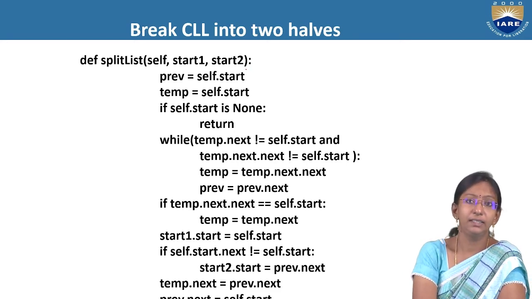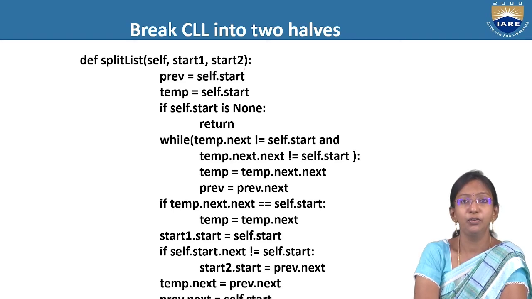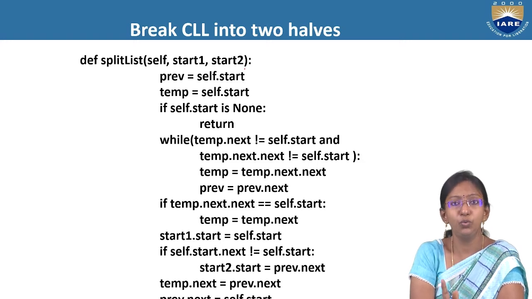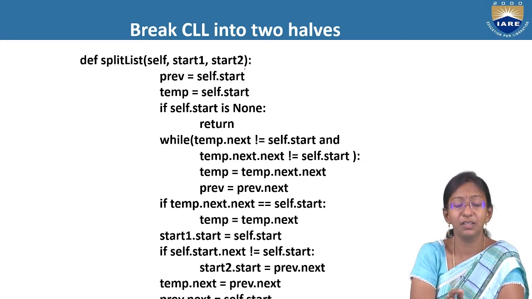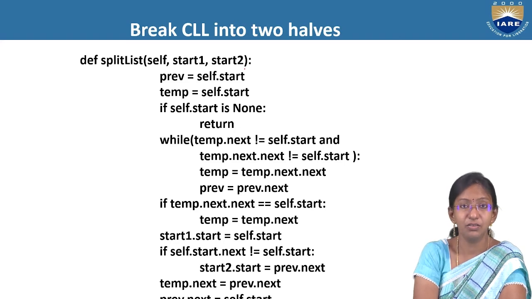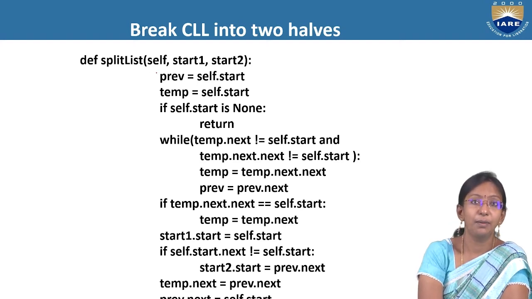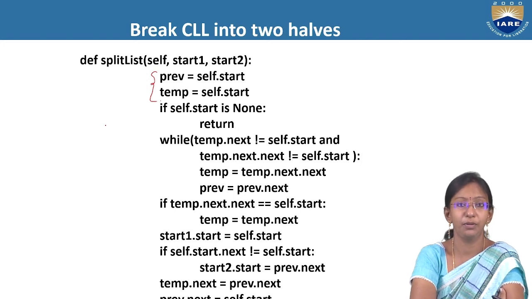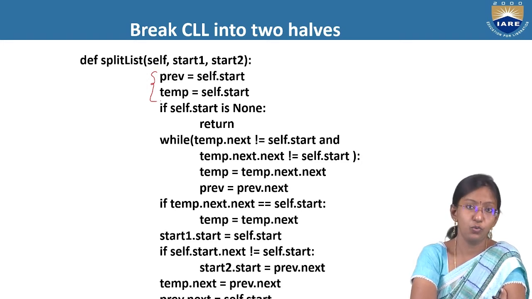I'm going to break it in such a way that there will be two resultant lists, where the first list will be a part of the initial given list itself, and the second list will hold the remaining elements, the other half of the elements. For that purpose, I'm going to take two pointer variables, previous and temporary. Here I get two cases.